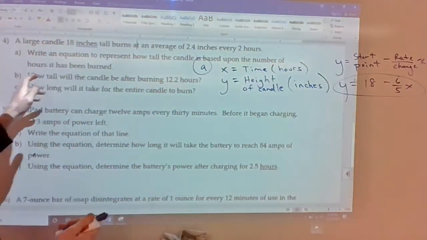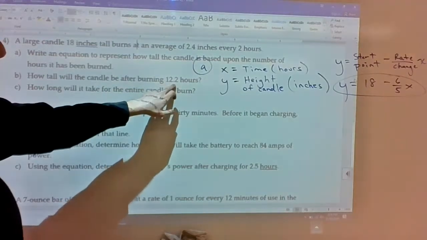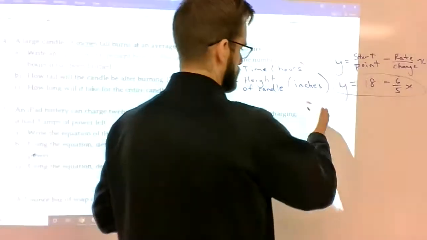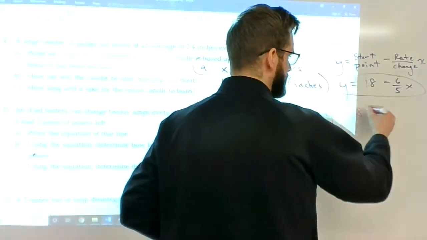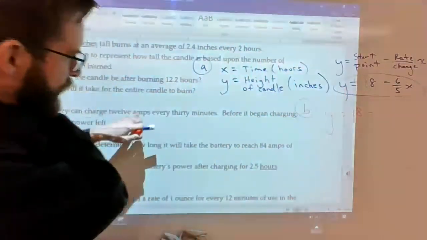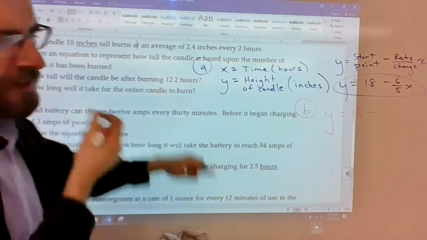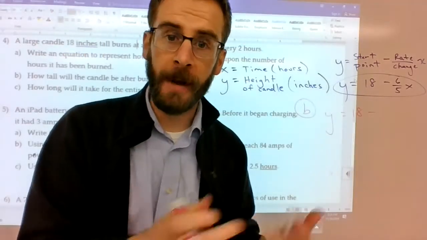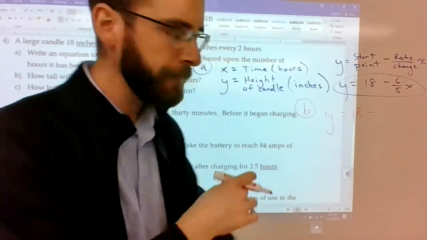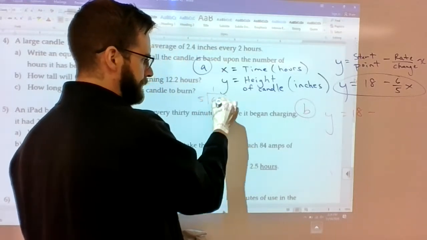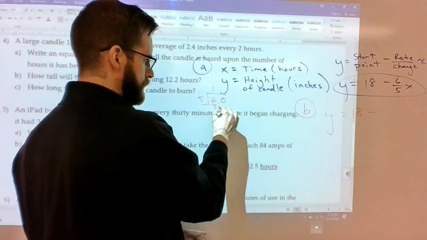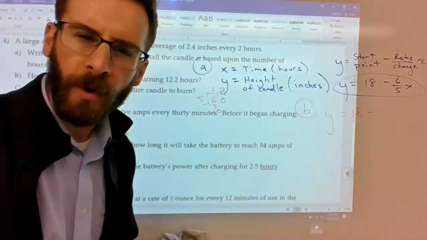All right, so how tall will the candle be after burning 12.2 hours? Well, we're using y equals 18 minus... You know what? Because we have a decimal here, I'm thinking it might be a better way to talk about 6/5 as a decimal. So 6/5 as a decimal is going to be 1.2.